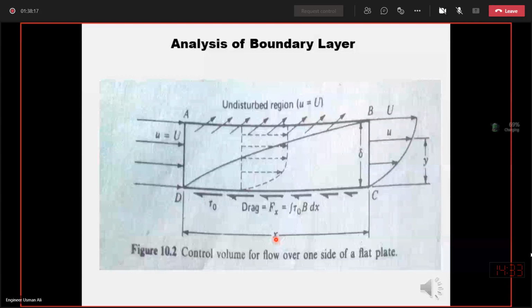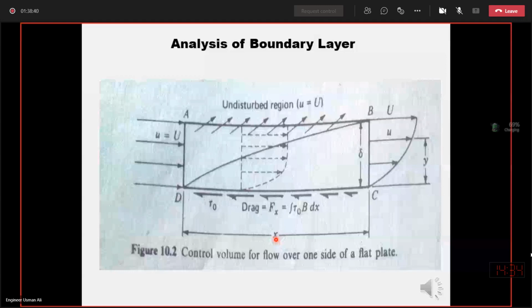First and third term will appear. So minus Fx is rho b integral 0 to del u square dy minus rho b integral 0 to del u into capital U into dy. After multiplying rho b inside and simplifying, these two terms are cancelled, and the first and third terms will appear.